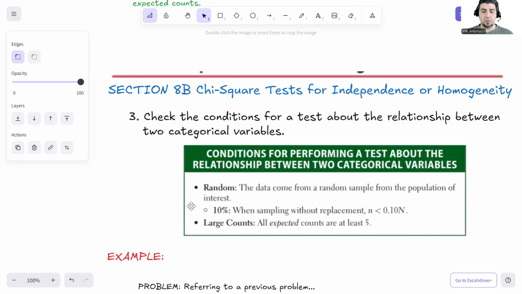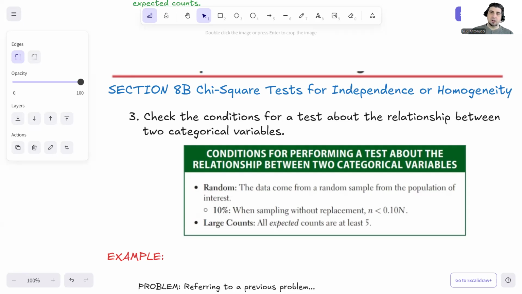So, with that being said, we're now going to talk about checking the conditions for a test about a relationship between two categorical variables. As with the chi-square test for goodness of fit, we need to check the random, 10% and large count condition before we perform a test. This is going to help us know that the data is independent in its collection process and that the chi-square distribution will be a good model for the sampling distribution of the test statistic.